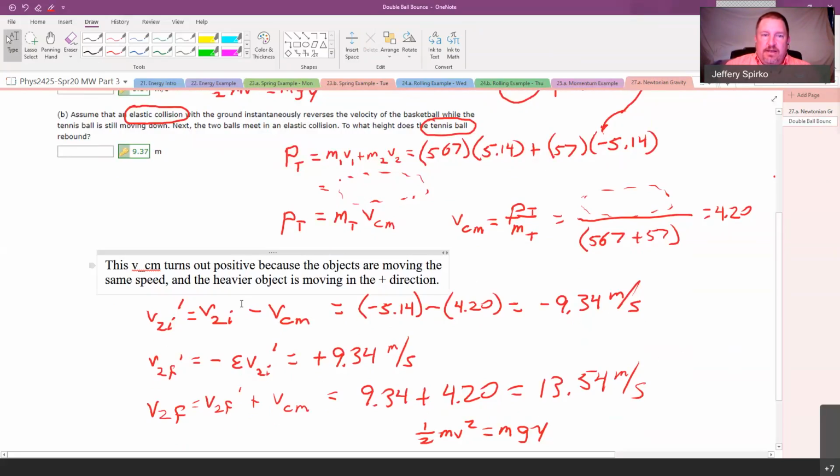And this method of finding the V center of mass, then using the V center of mass so that you have relative velocities, works really well, because relative velocities do easy things. For an elastic collision, you just flip the sign, and then you can unsubtract the center of mass velocity and magically get your result.